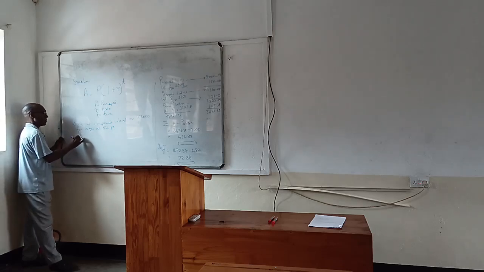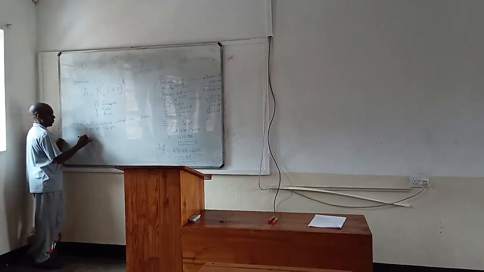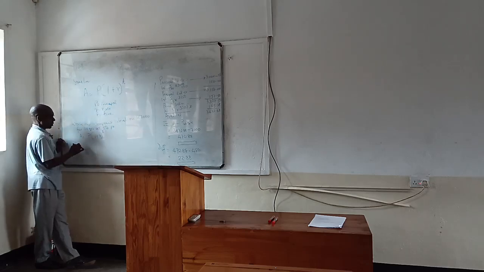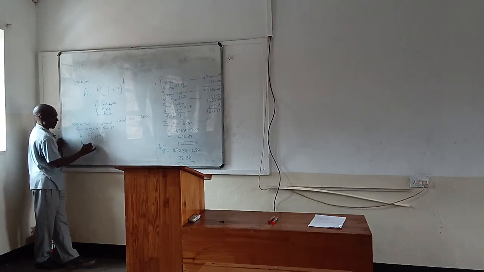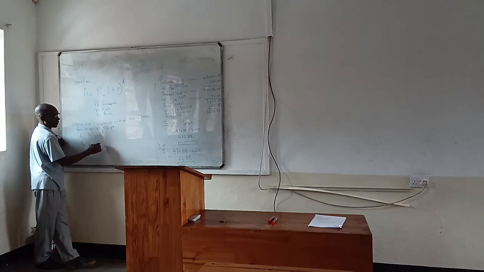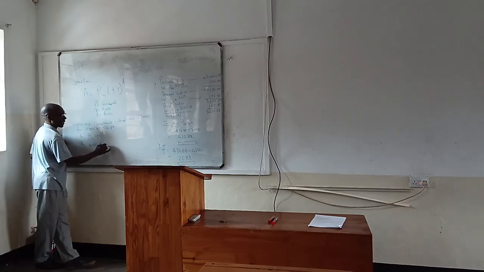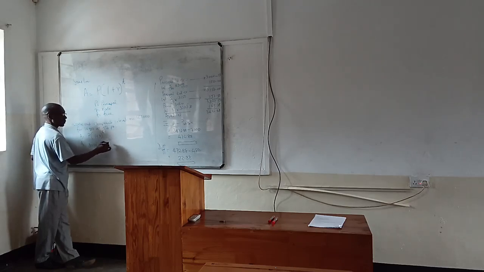So amount is equal to principal times 1 plus R to the power T. The principal is 3,000. 1 plus the rate, which is 5%. 5 over 100 is 0.05, right? And time is 10 years, so to the power 10.